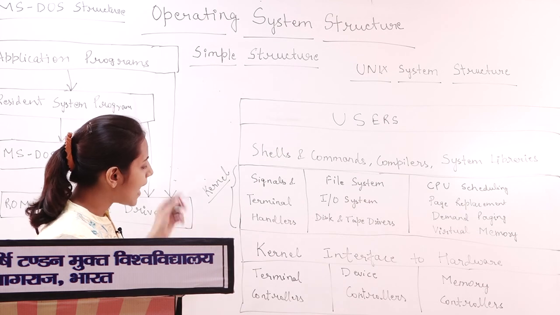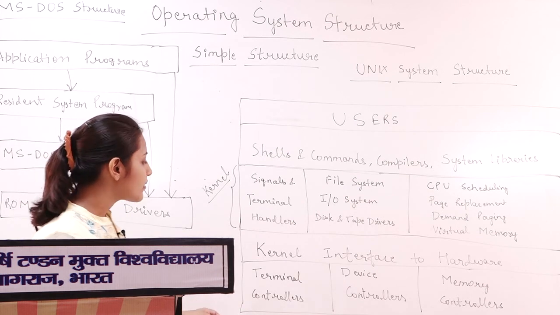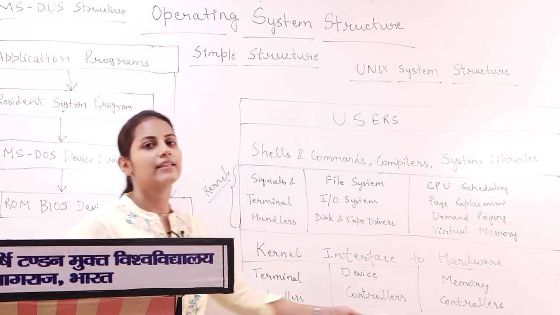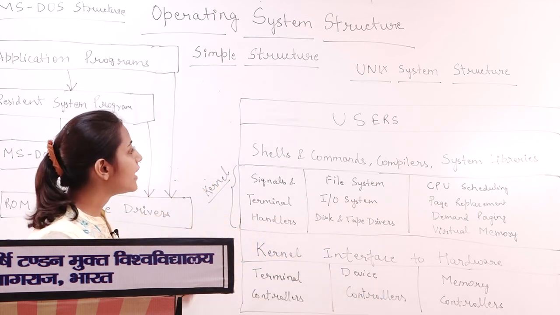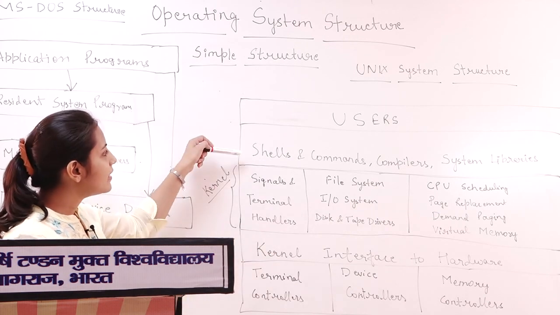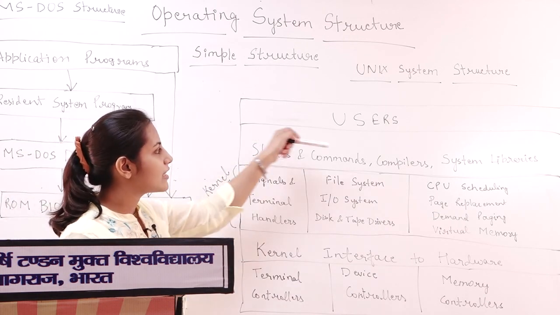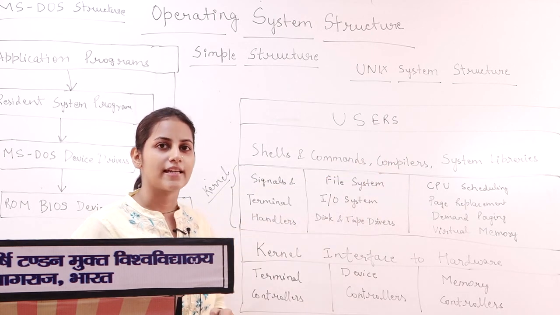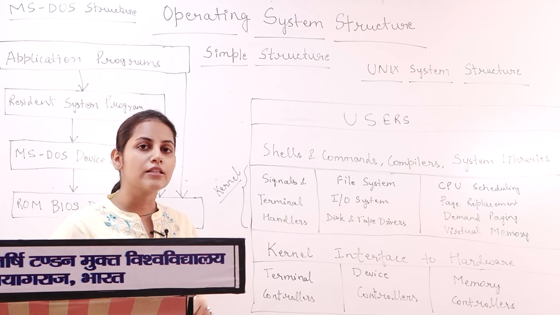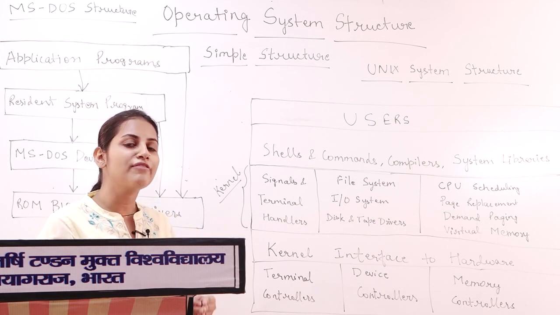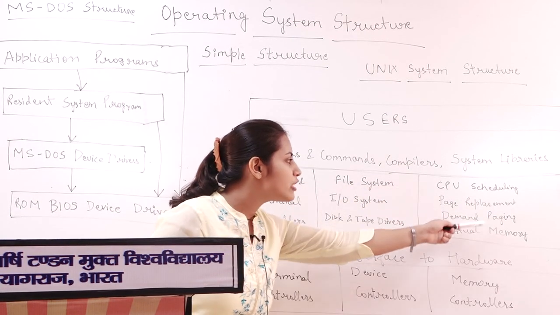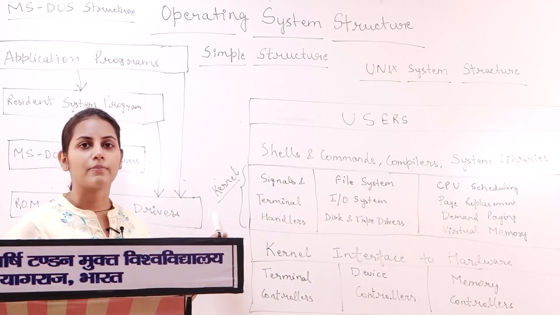computer system, and at the bottom, we have the terminal controllers, device controllers, memory controllers, and then the hardware. In between, we have the kernel interface to the hardware, and then there are system programs such as the compilers, system libraries, etc. The functionalities that are critical to the operating system and specifically associated with it are all grouped together into what we call the kernel.